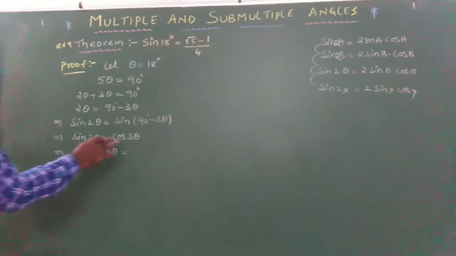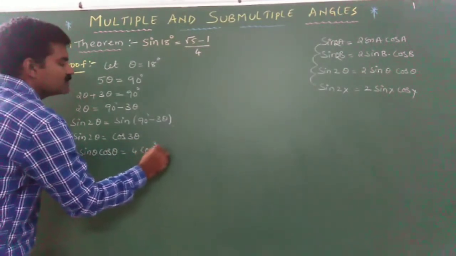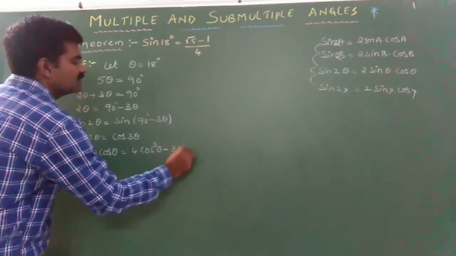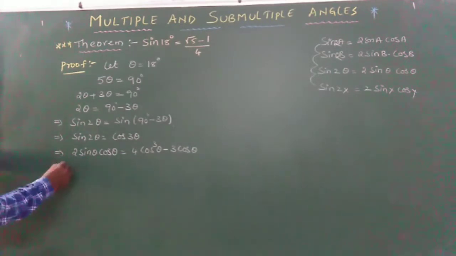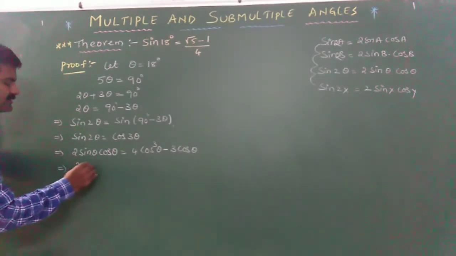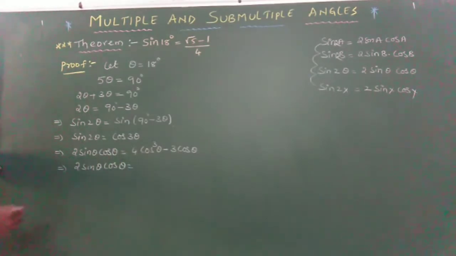Now can you tell me the cos 3 theta formula? 4 cos cube theta minus 3 cos theta. Fine. Now see the simplification: 2 sin theta into cos theta is equal to 4 cos cube theta minus 3 cos theta.